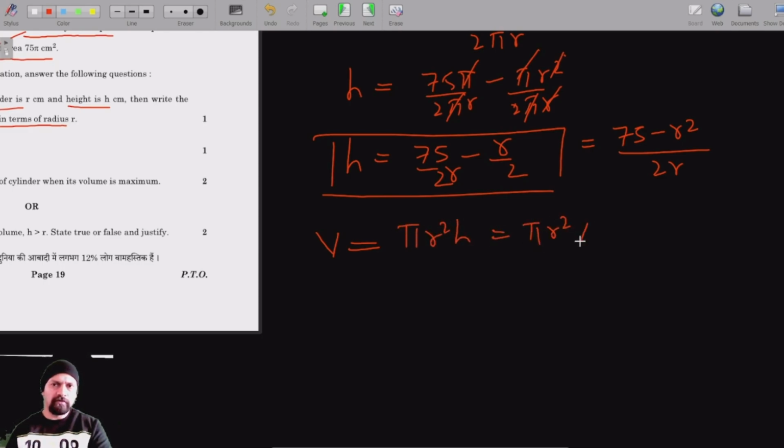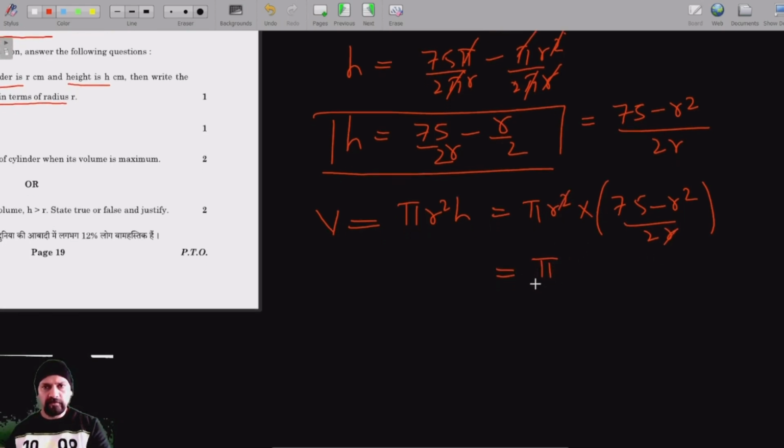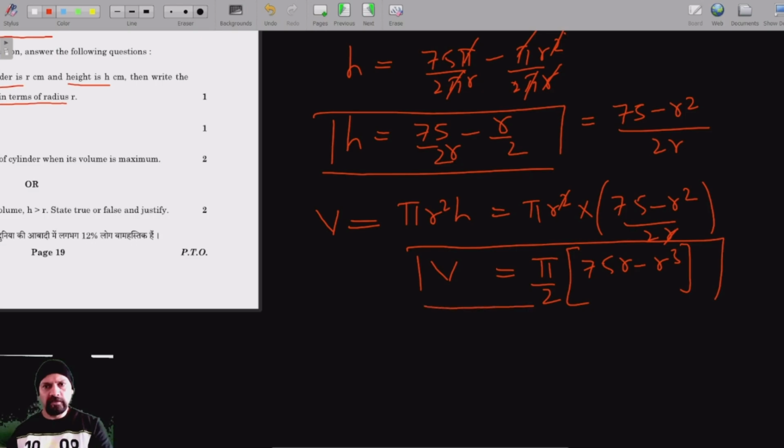Let's put in the value of h, which is (75 minus r square) by 2r, which gives us pi by 2, and it's 75r minus r cube. Pi by 2 into (75r minus r cube) is the volume of the cylinder in terms of r.